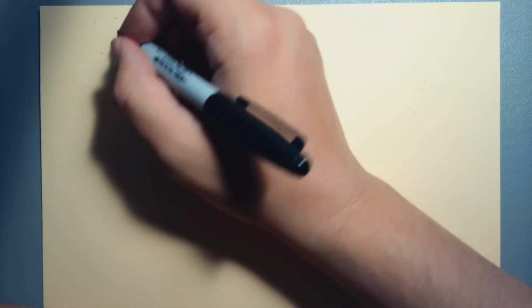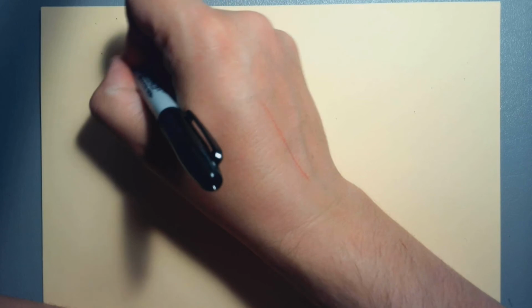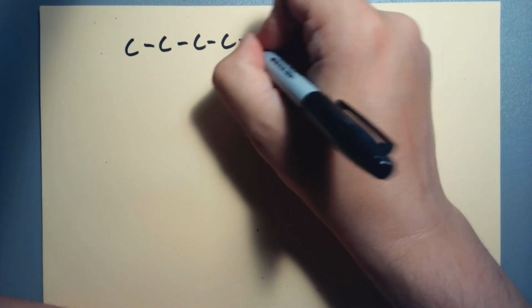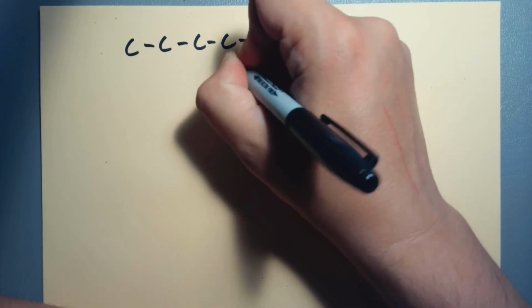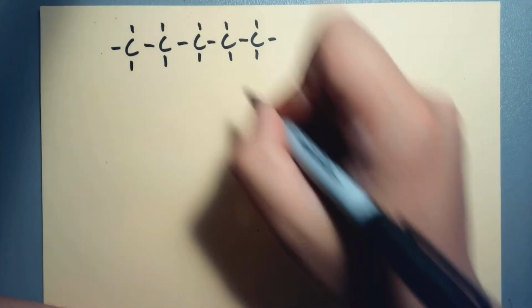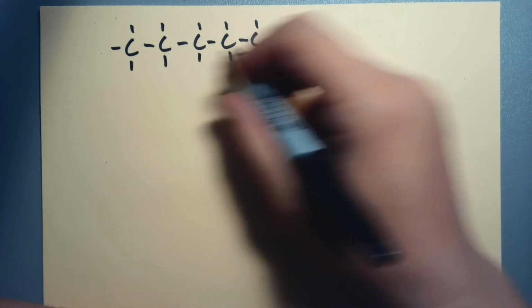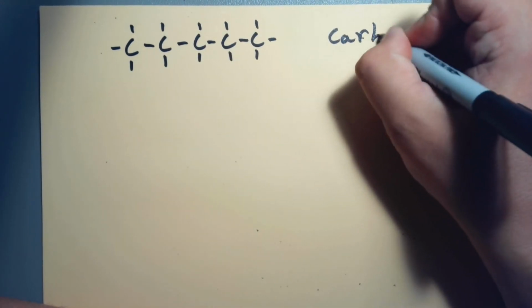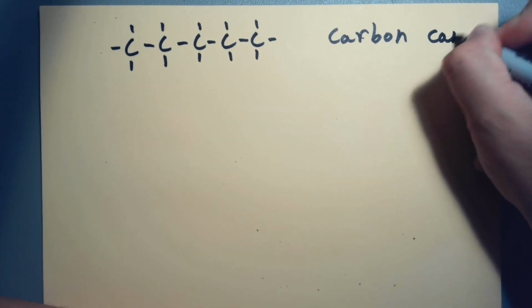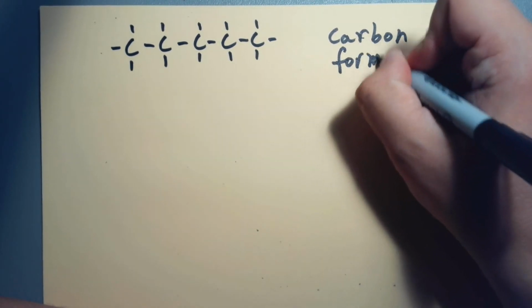And the other thing is, carbon can start bonding with carbons and making chains. And generally in an organic compound, we'll have hydrogen on there too. So it can form chains, and often does.